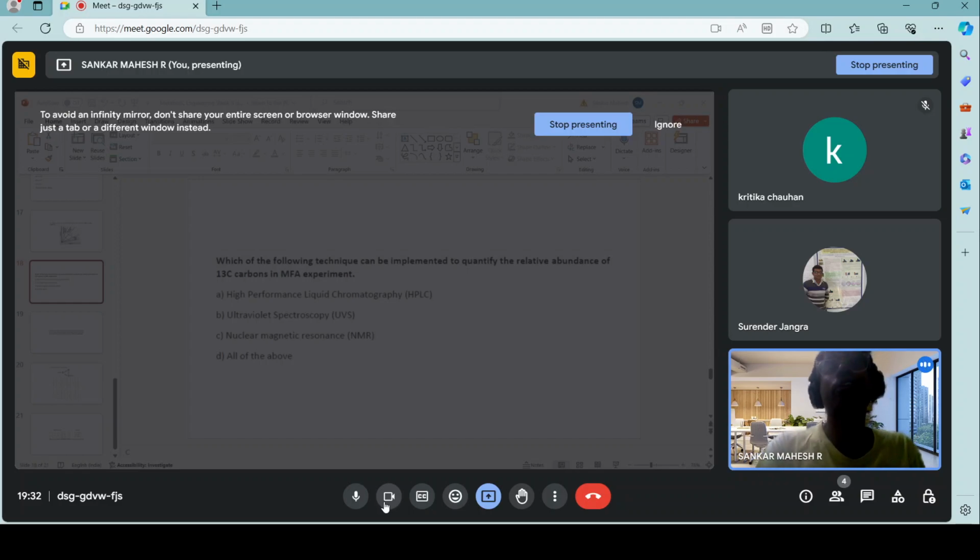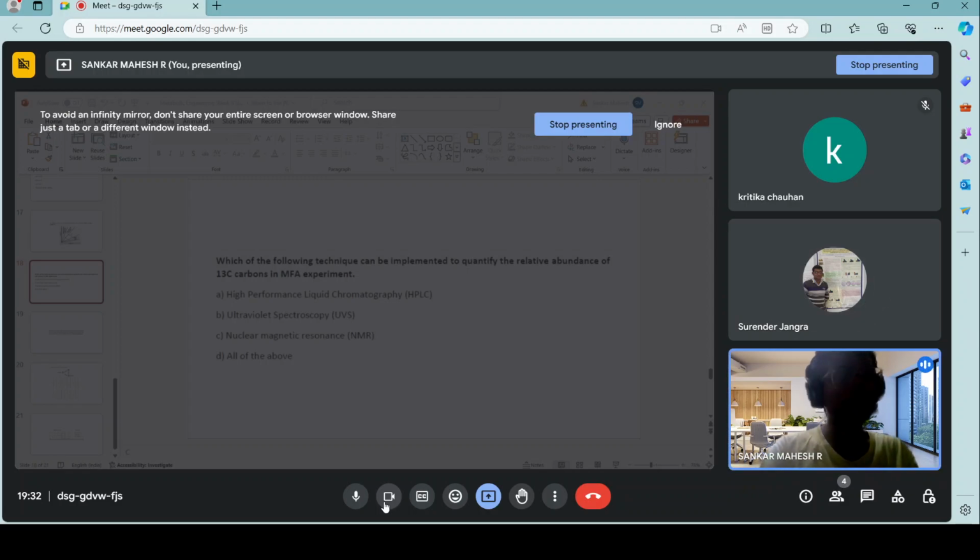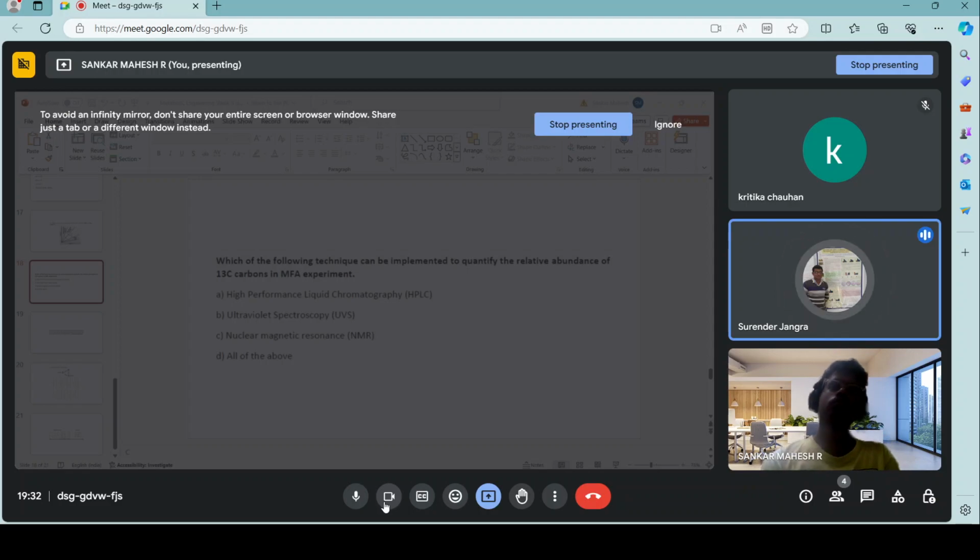Yeah, Surendra, do you have any doubt? NMR can be used here. Yeah, NMR can be used. That is true, because there's an odd number of protons.